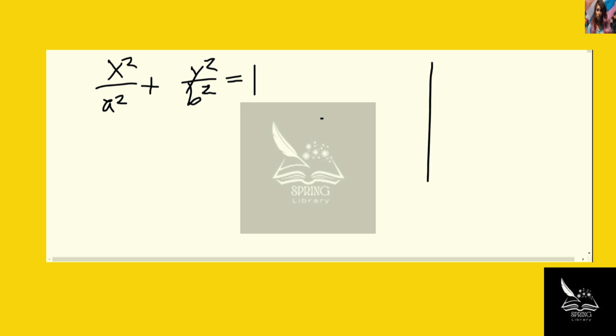We're asked to find the area of the largest rectangle that can be inscribed in the ellipse x squared over a squared plus y squared over b squared equals 1. So imagine we have the sketch of this ellipse.